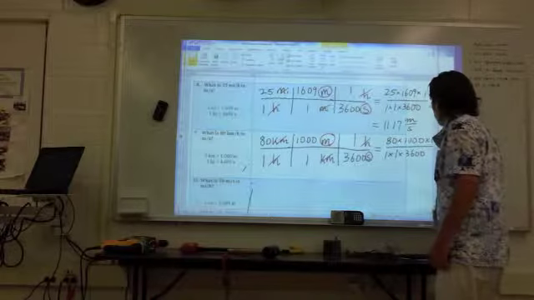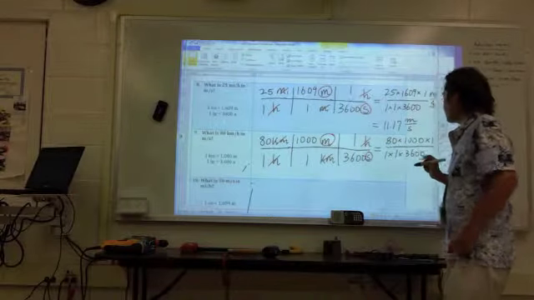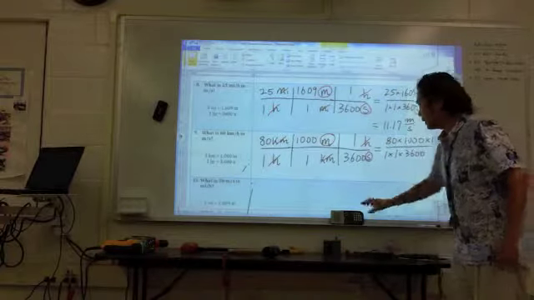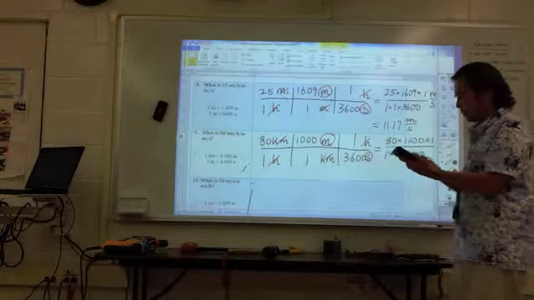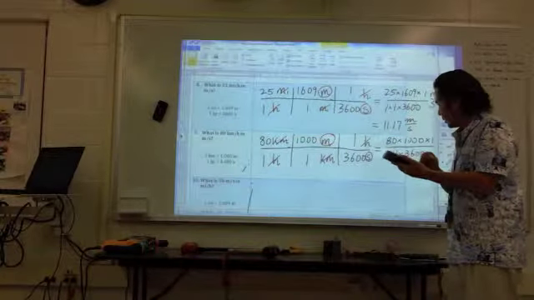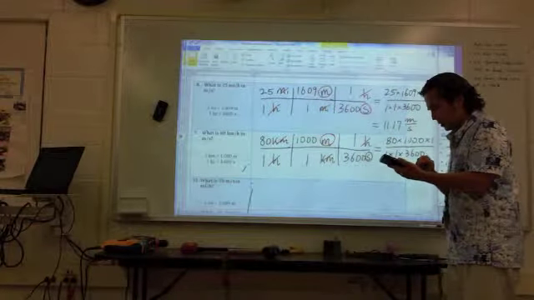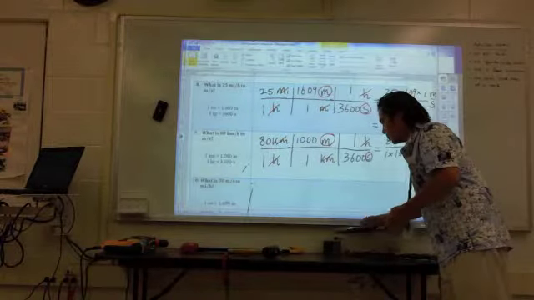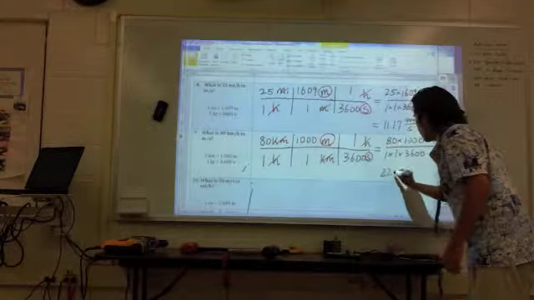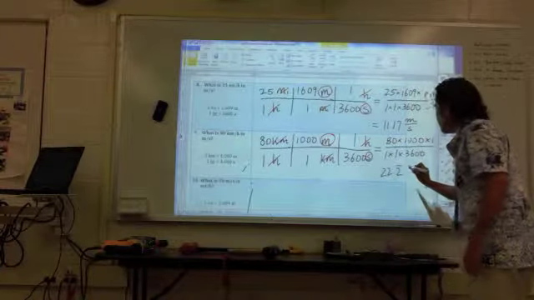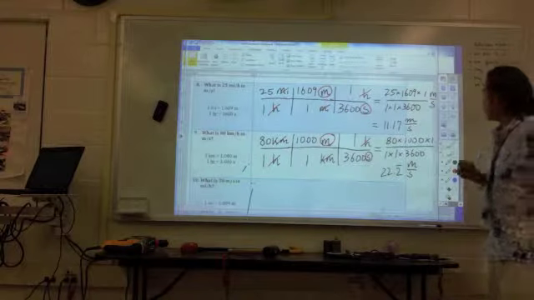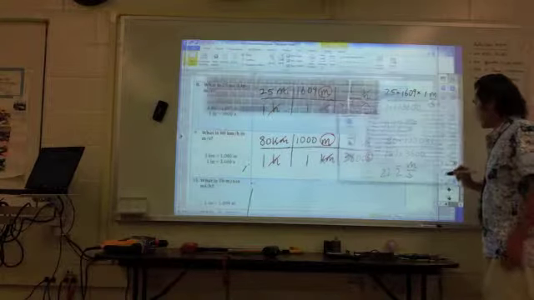We don't have any place to write it anymore, so just remember there's that unit there, and do the math. Divided by. Answer is 22.22. 22.2 repeating decimals meters per second. Alrighty?